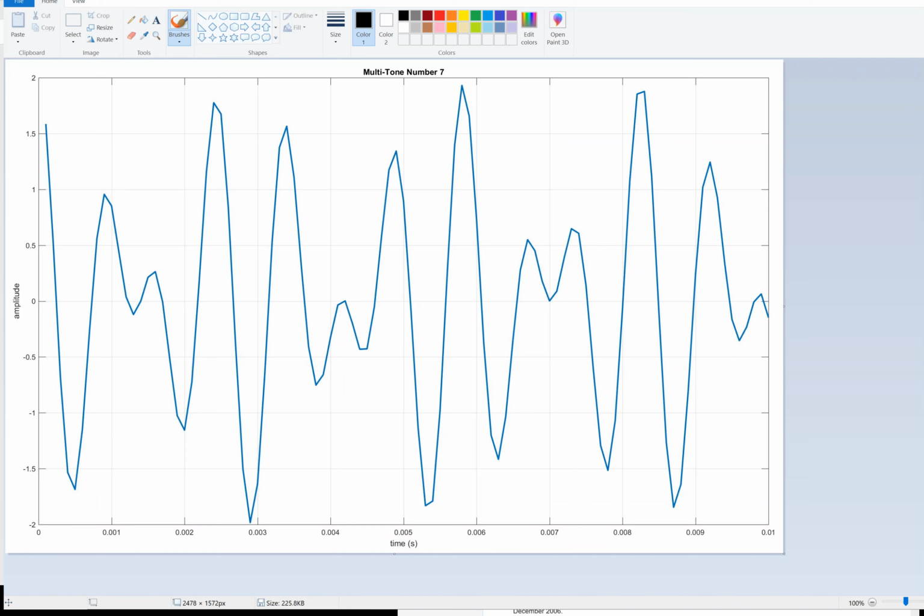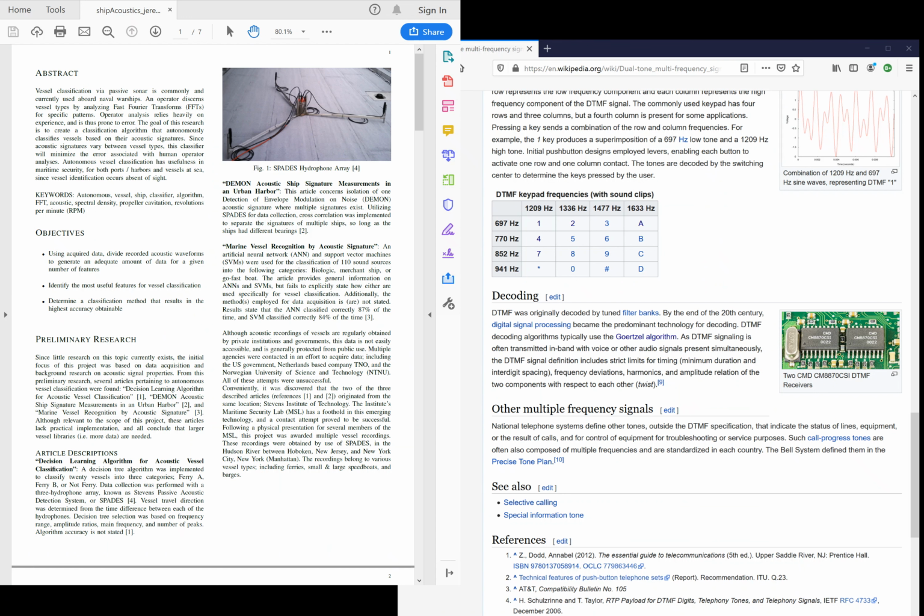And that robot then decodes the signal, and from that decoding determines what key you've pushed. And the chip that does that is this guy here. Let me bring that up. Yeah. So the chip that does that is this DTMF, dual tone multi-frequency chip, and this chip is in just about every phone.